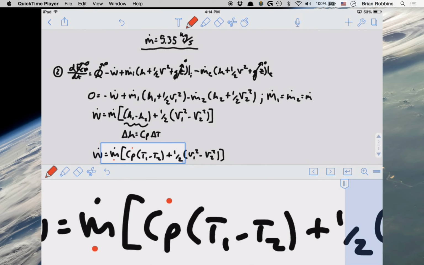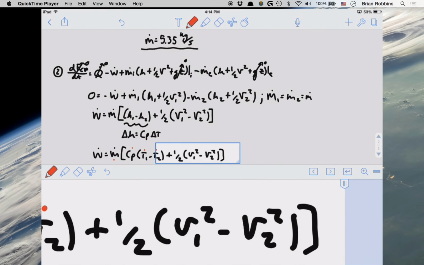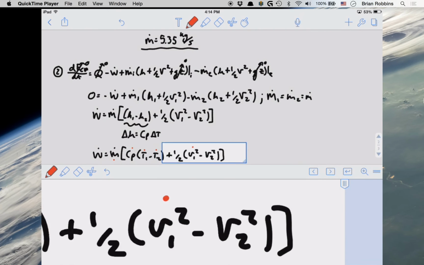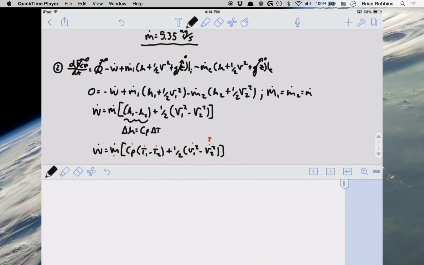We also know our specific heat at constant pressure because that was given to us in the problem statement. We also know our temperatures. That was also given to us in the problem statement. And we're also given our inlet velocity. But we do not know our exit velocity. So this is something that we have to figure out, and that is going to be our next step, step number 3.